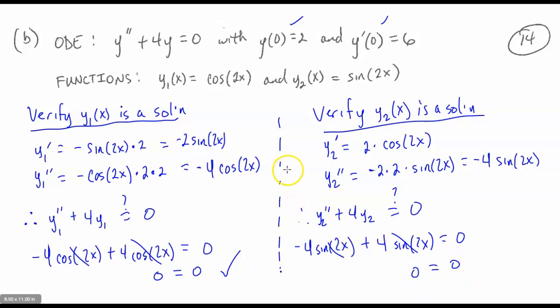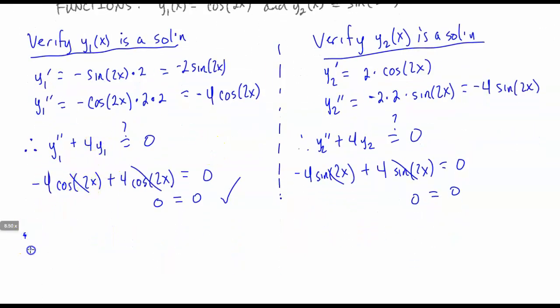All right, so we have figured out that both y1 and y2 are both solutions on their own, okay? So the next thing that we need to do is say, hey, well, because of that, what is going to be a general solution that we can write for this, okay?